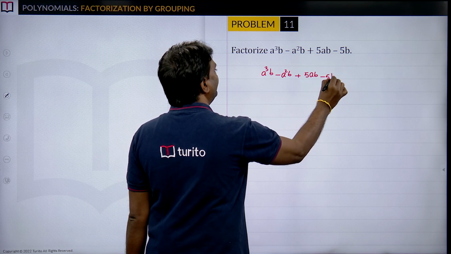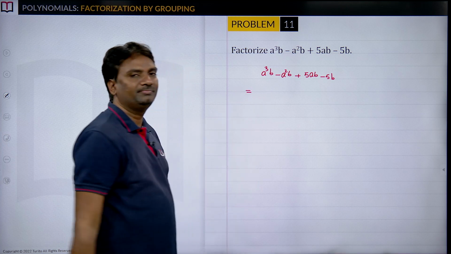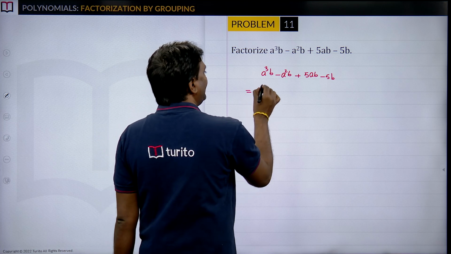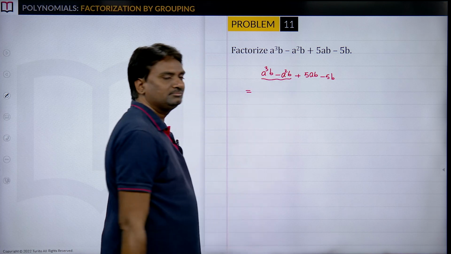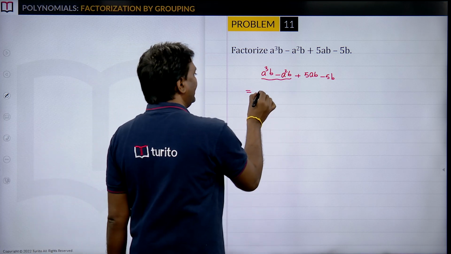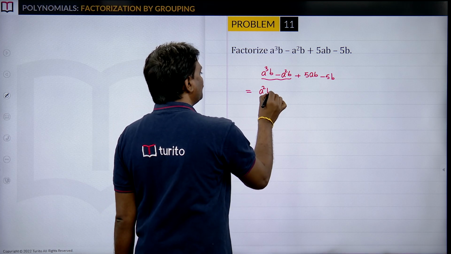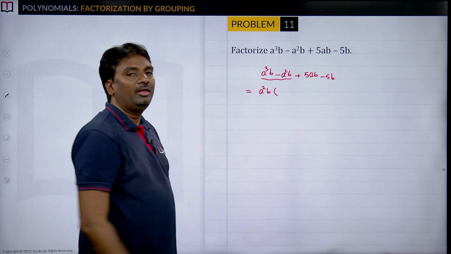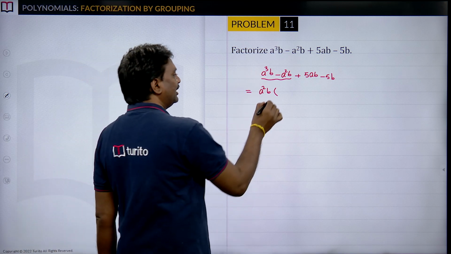So, the given polynomial is a cube b minus a square b plus 5ab minus 5b. From a cube b minus a square b, we can take a square b as common. From a cube, we have taken a square as common, the remaining part is a.